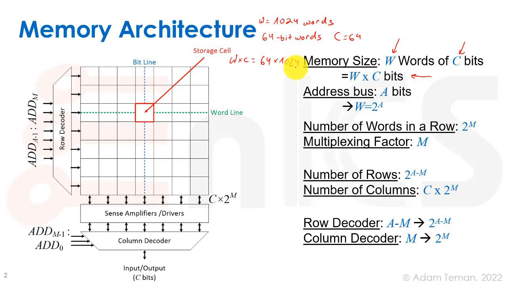But we usually work in powers of 2, so 1024 is 2 to the power of 10, and 64 is 2 to the power of 6. So that means we have 2 to the power of 16 bits in total, and that was the answer.